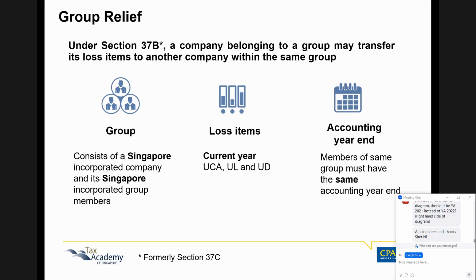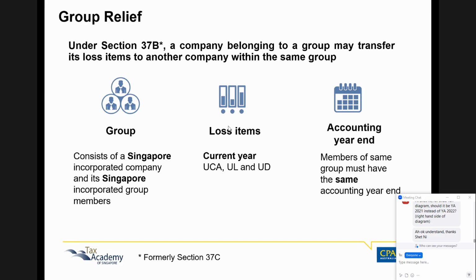For those outside your company, you can also share items like UCA, UL. So in this case, if I transfer my items to other related companies, you will need to reduce your current year amount.